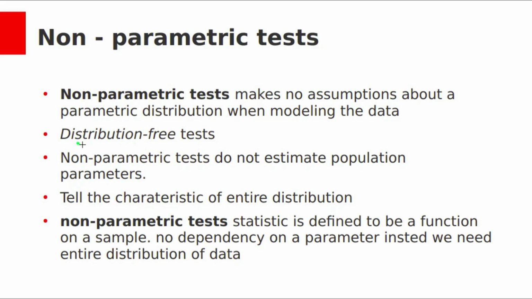So they are called distribution-free tests. Non-parametric tests do not estimate the population parameter, but they tell the characteristic of the entire distribution. A non-parametric test statistic is defined to be a function on the sample. Here we don't need any parameters like mean and standard deviation. Instead, we need the entire distribution of data to calculate this test statistic.